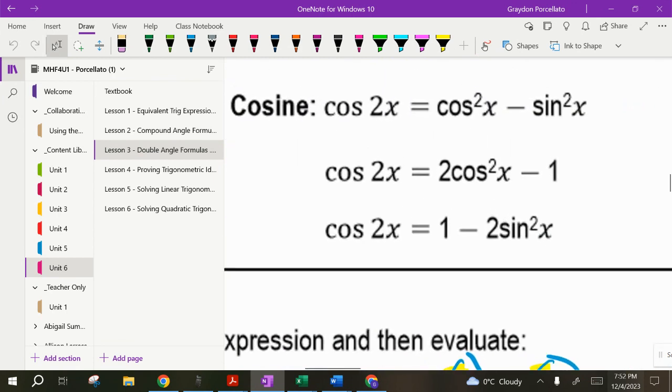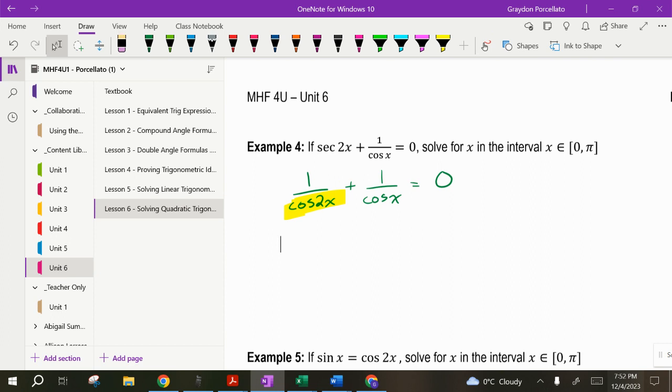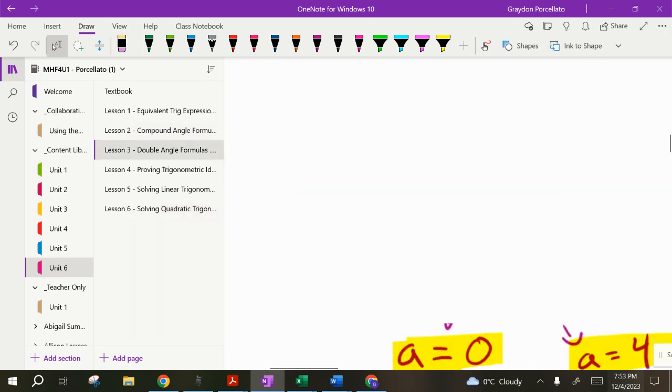And a few people have asked me, how do I know which one to choose? Well, you have to look at the question and make a decision based on the question. Notice one denominator has cos 2x. That's what we're going to change. The other one has a cos x. So we probably want to just deal with coses. So I'm going to go back to my formula here.